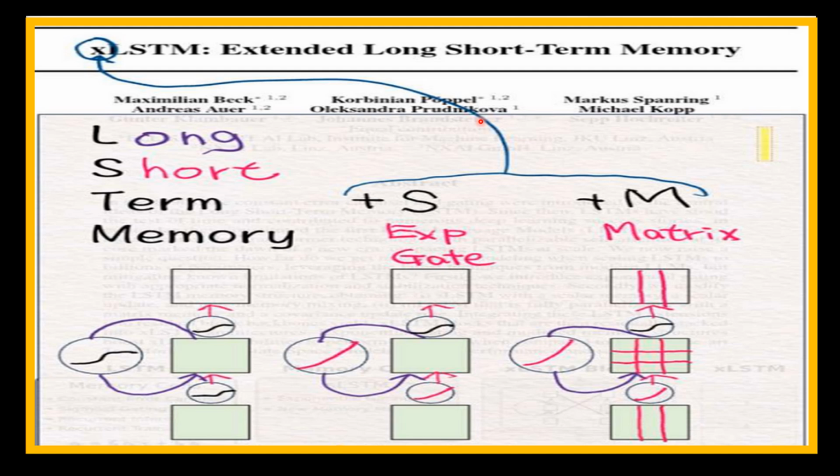So to understand this better, let us say you want to create a model that can read a novel and accurately predict what comes next. That is where LSTM and xLSTM come in. So imagine each sentence in the book being a step forward and every word within that sentence being a single unit in our model. Now let's look at how both LSTM and xLSTM will handle remembering all those previous steps.